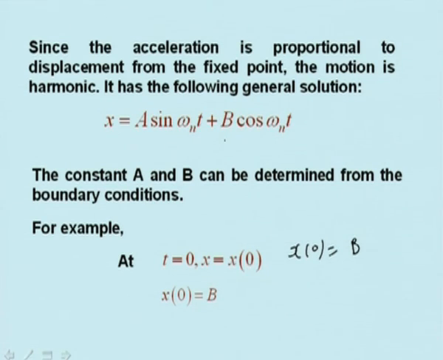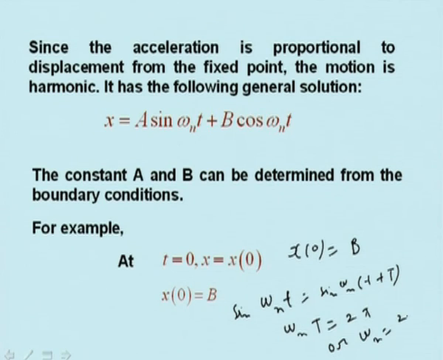This naturally has a period of 2 pi by omega n, because it repeats, so sin omega n t is equal to sin omega n times t plus capital T. Therefore we can say omega n into T is equal to 2 pi, or omega n is equal to 2 pi by T, where T is the time period, so time period is equal to 2 pi by omega n.